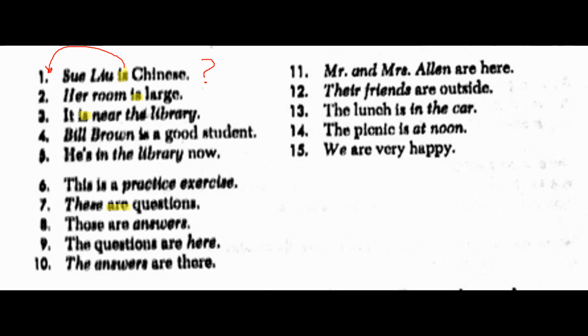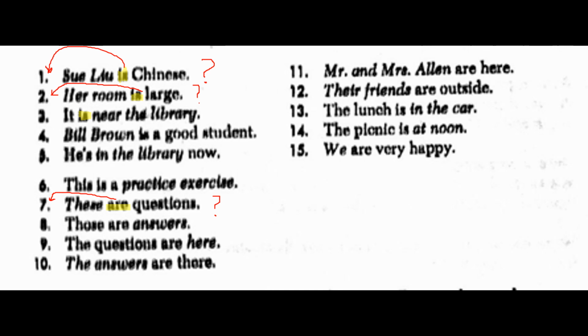Her room is large. We take is to the beginning. It will be, is her room large? There are questions. So we take are to the very beginning. Are there questions?